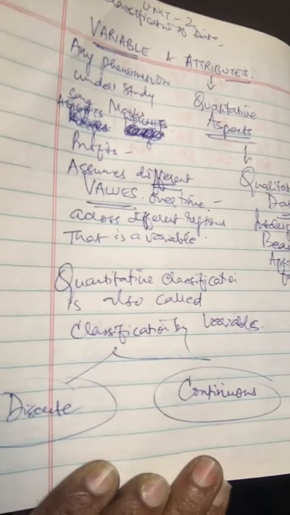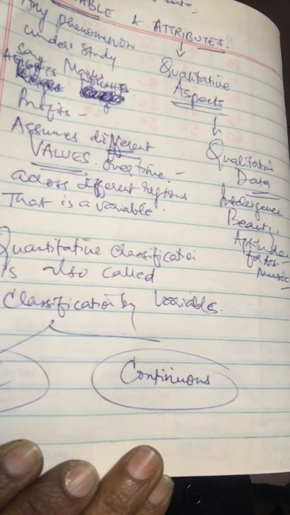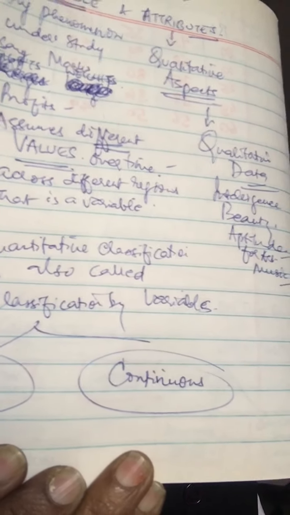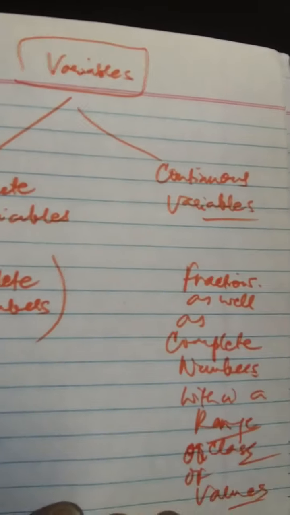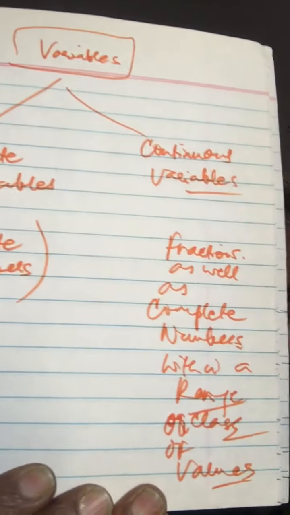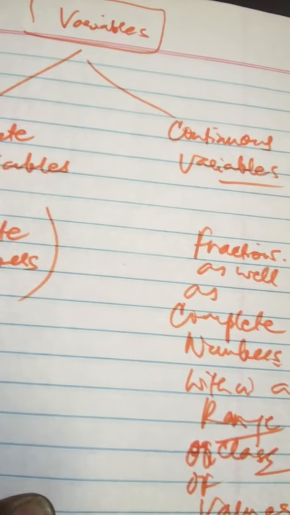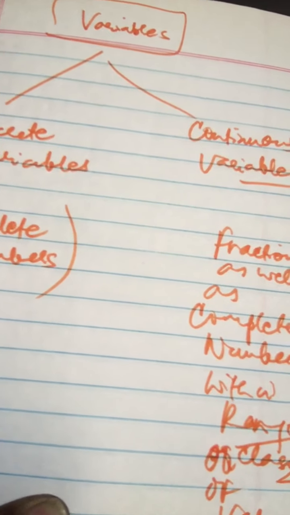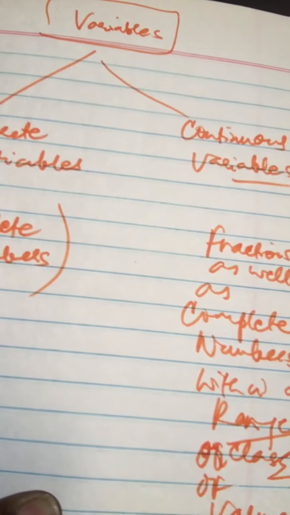And then you've seen that numeric variables can be studied, or they are of two types, discrete variables and continuous variables. So just have a look. In short, for you to immediately understand, discrete variables are those which increase in complete numbers.